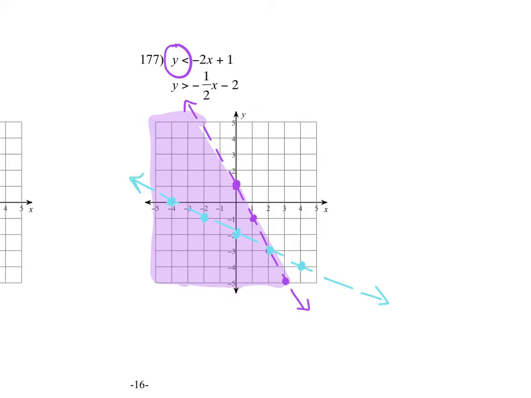And now I have to shade it, so I know that y is greater than. So my y's are bigger over here. So I'm going to shade all of this. So let's shade.